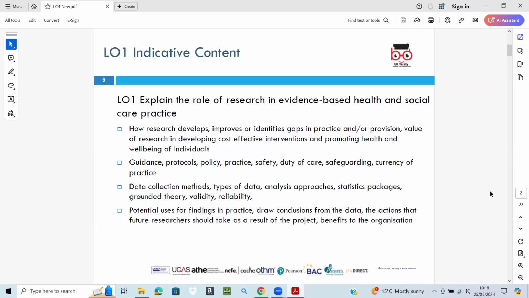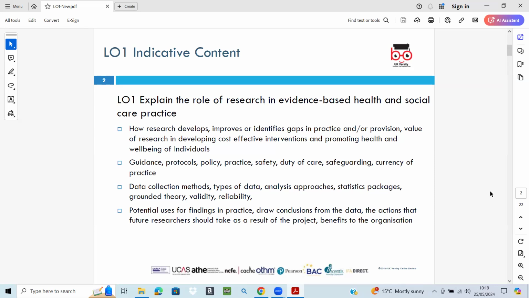Then we have secondary data collection. In secondary data collection, we use existing data resources like medical records, databases, and previous research. An example is analyzing hospital admission data to study trends in seasonal illnesses.